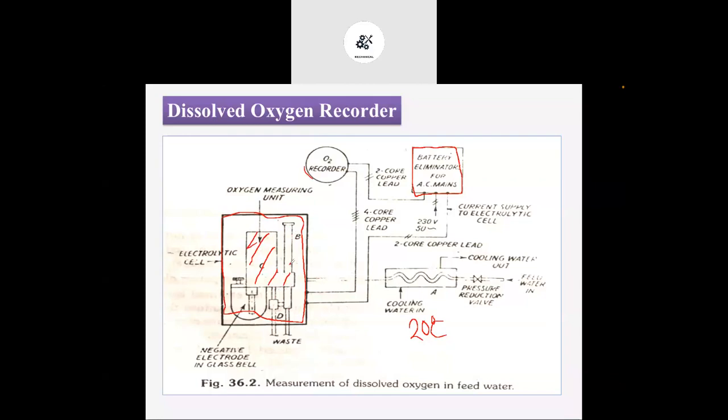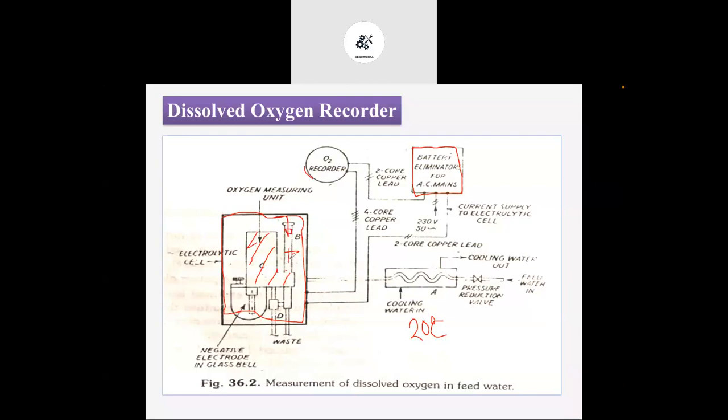Also, this D part mixes the oxygen and the hydrogen gas. Now, how will it work? First of all, the water comes inside this B part, where we maintain a particular flow rate of the water.